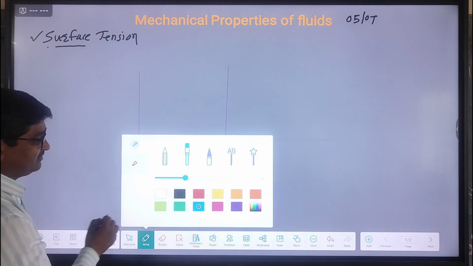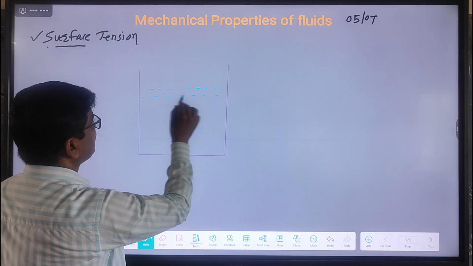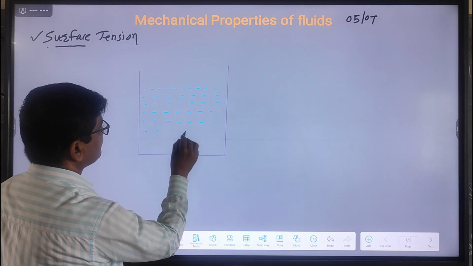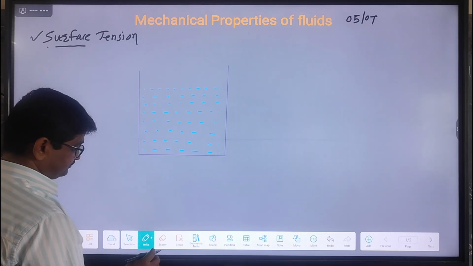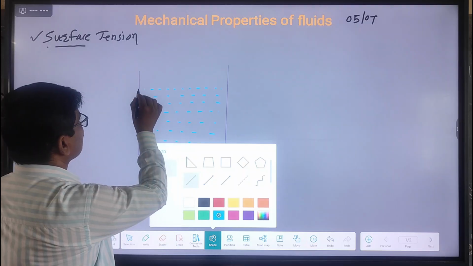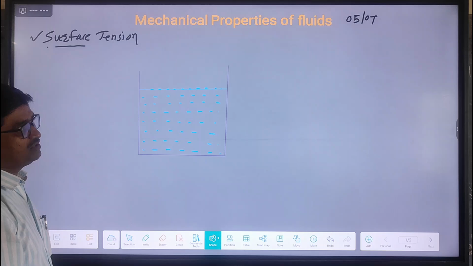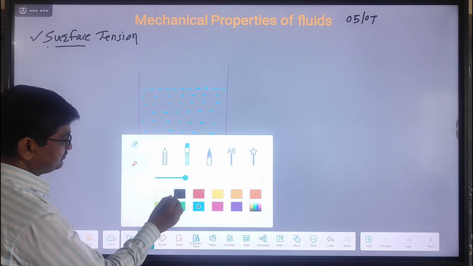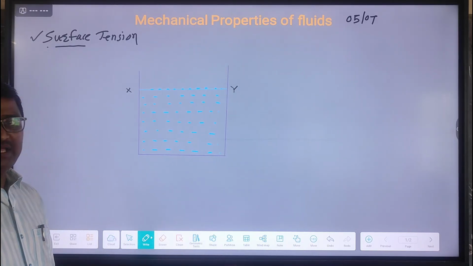Imagine that this is a container. Okay, and we fill water in this container. So this is the free surface of liquid. This free surface is represented by x and y. So xy is the free surface of liquid.